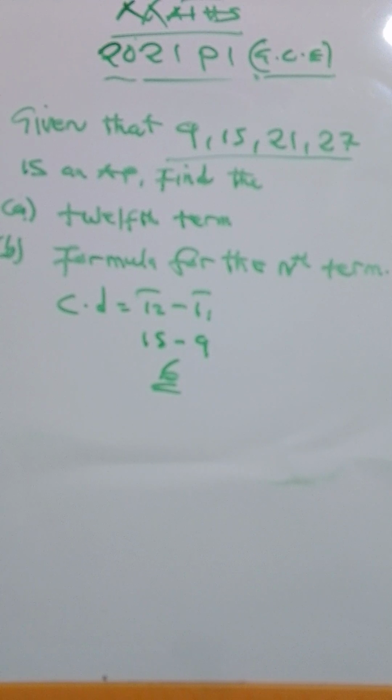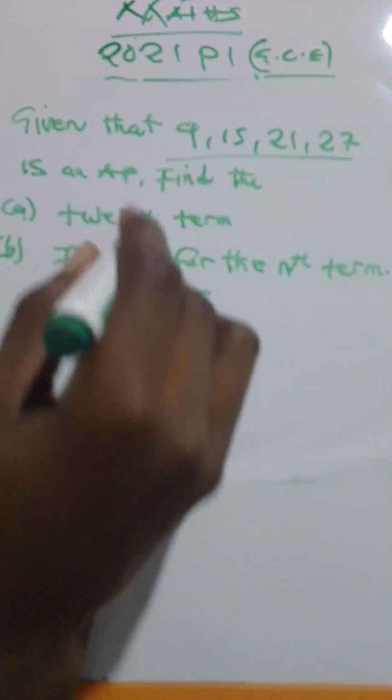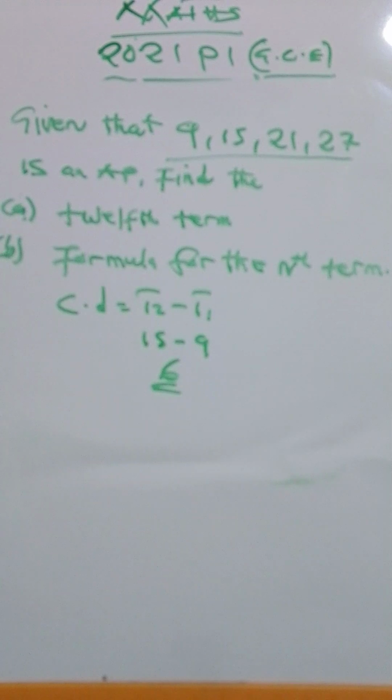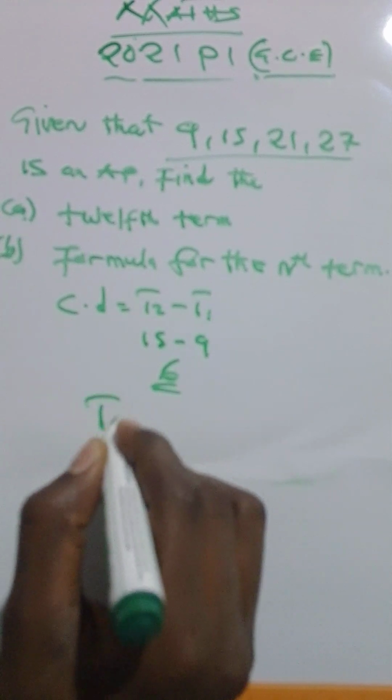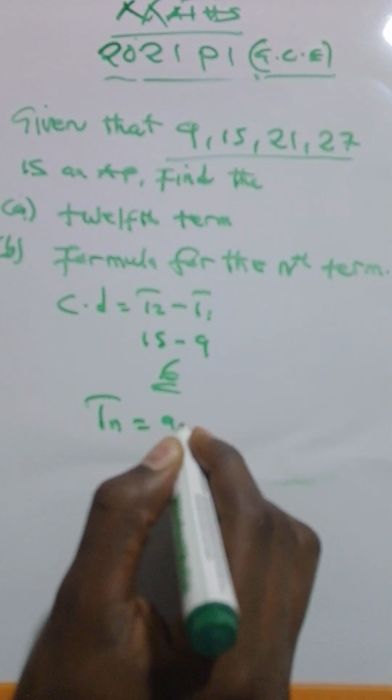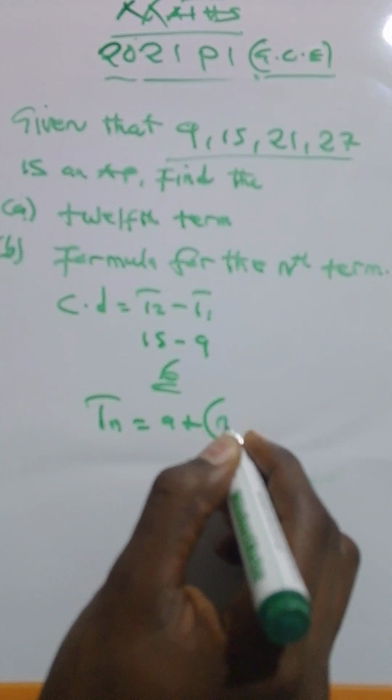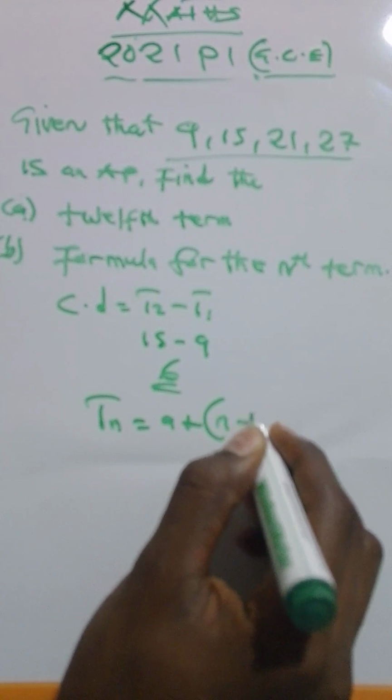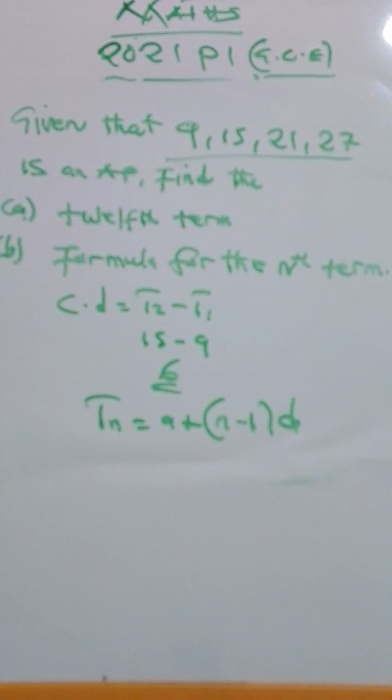Now that one can take us time, so the shortest way to come up with the nth number they are looking for, you can use this formula: Tn is equal to first term plus open bracket n, the number of terms they're looking for, minus 1, times d, which is the common difference.